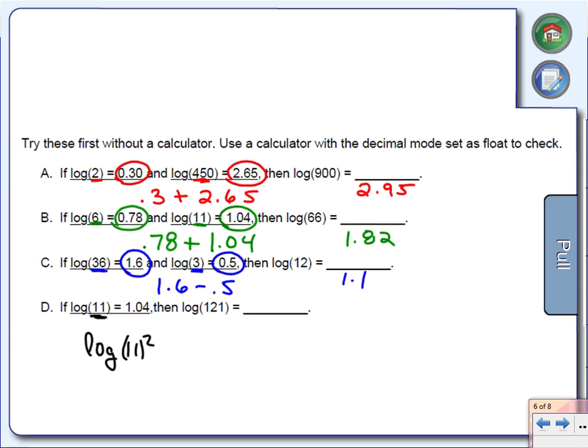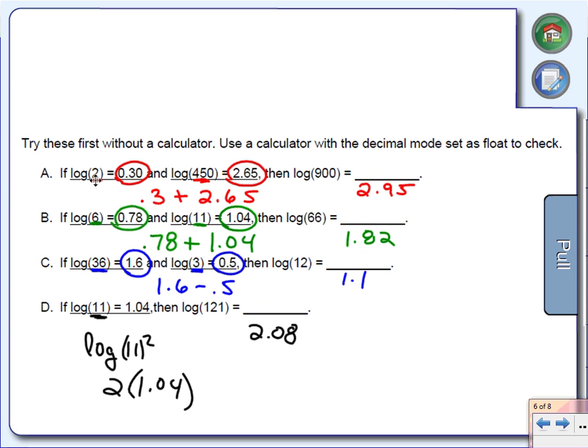So what did we say earlier about that exponent? It's going to be the same thing as multiplying by that number, right? So what are we going to do? We're going to take the 1.04 and multiply it times the exponent, 2. So what do you get when you multiply 2 times that 1.04? 2.08. All right, now let's check it just to make sure.